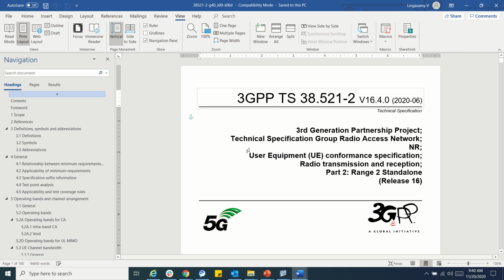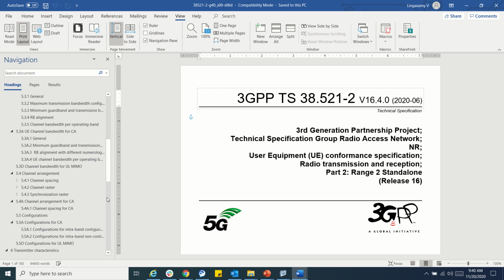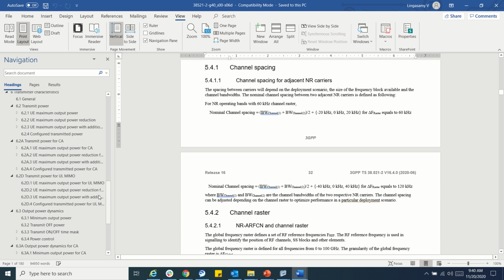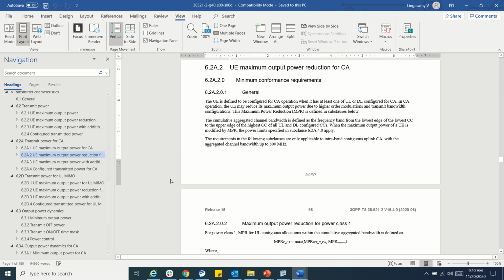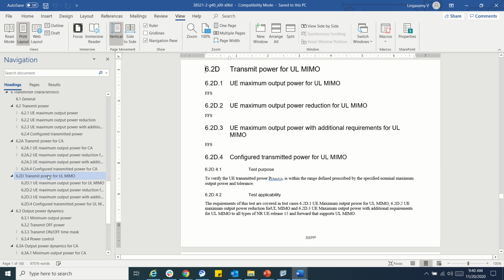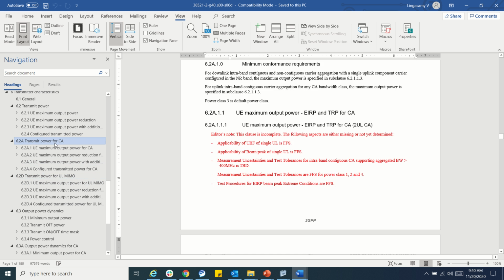Similarly, 38.521 has a different set of test cases. Here you can see the part 2, range 2 standalone test cases. Each test case, for example the 6.2 series, covers minimum output power and maximum output power, transmit power for uplink MIMO, and transmit power for carrier aggregation.